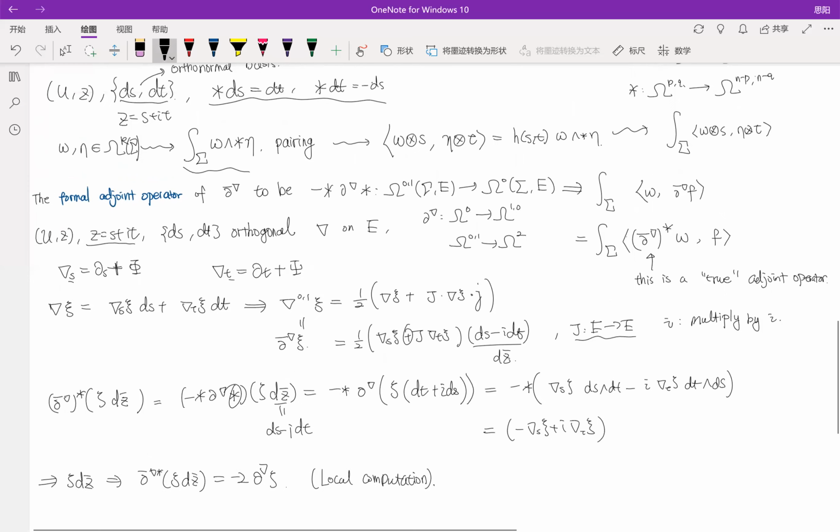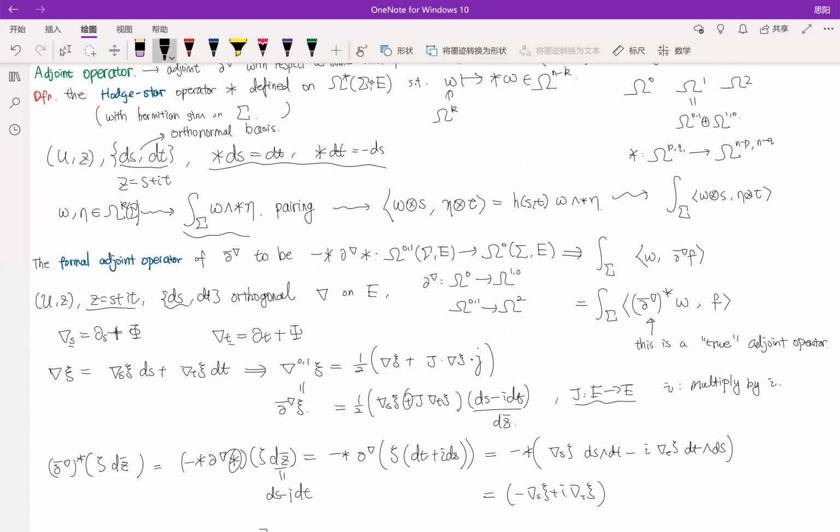Even if we have ds by dt orthogonal, we cannot say that ds by dt is the volume form, but the volume form may be ds dt times lambda square, where lambda is in S1.